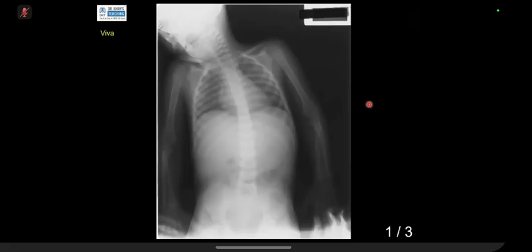Okay, I have been presented with a babygram for a skeletally immature patient. I didn't catch anything obvious, so I go through my checklist. First, I will check both lungs. Both lungs appear clear.